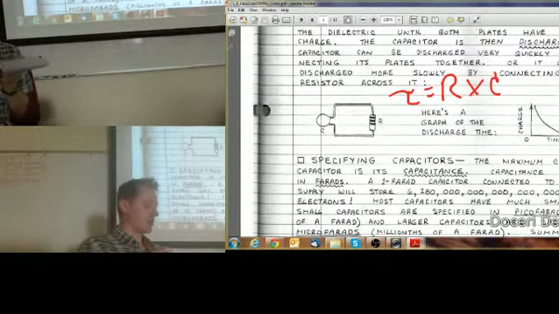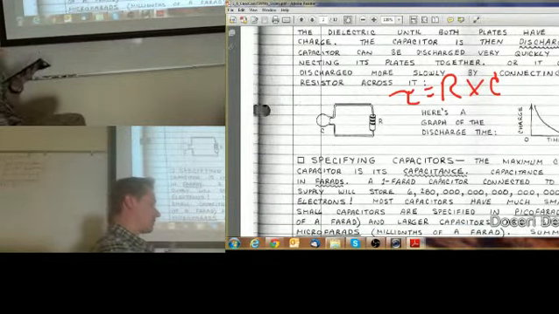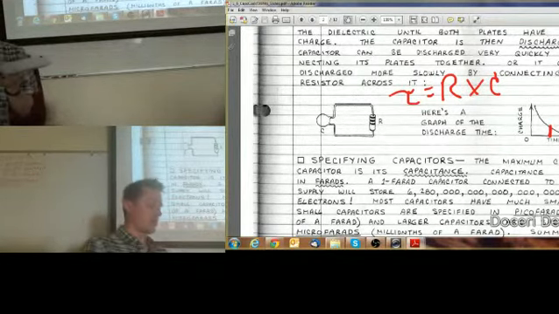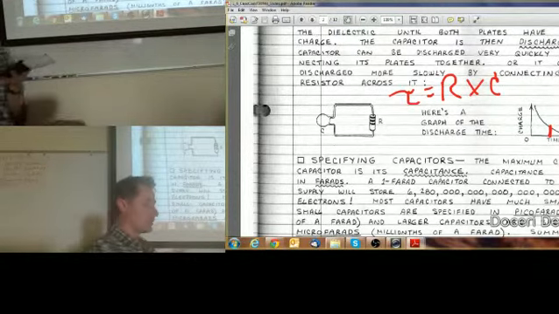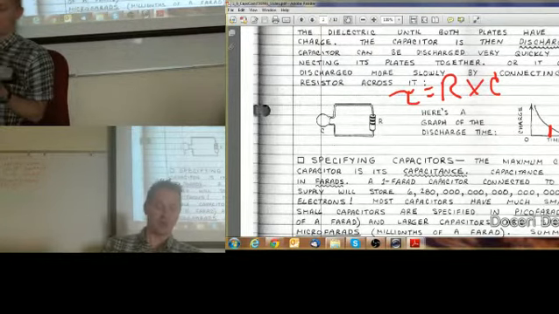The time constant is defined as the amount of time that it takes to discharge to 0.63 of its final value, or 63%. So if you multiply the resistor times the capacitor value, that'll be the time in seconds that it takes to discharge down to 63% of its final value.